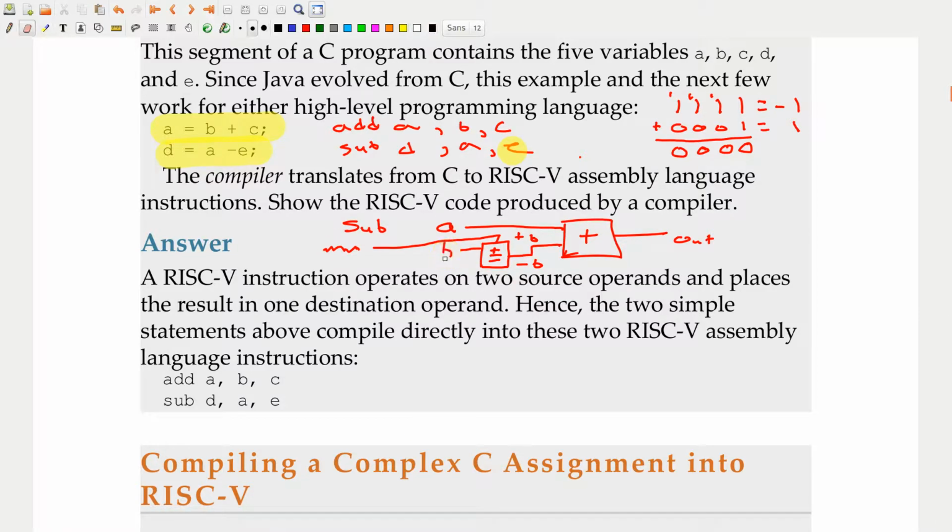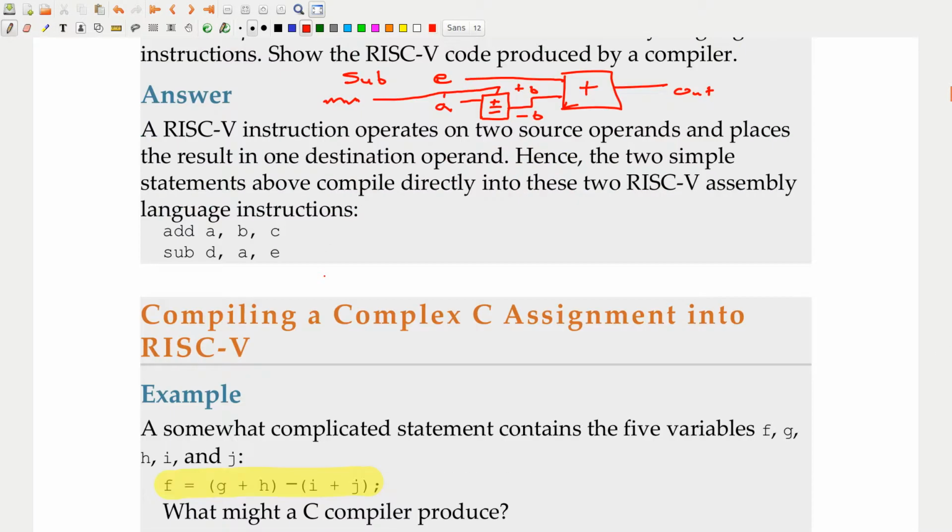So let me write it the way it was actually written. This is going to be E. But if instead we switched them around, and this was E and this was A, then up here would be E and down here would be A. Yep, perfect. That's exactly what happens in a computer.